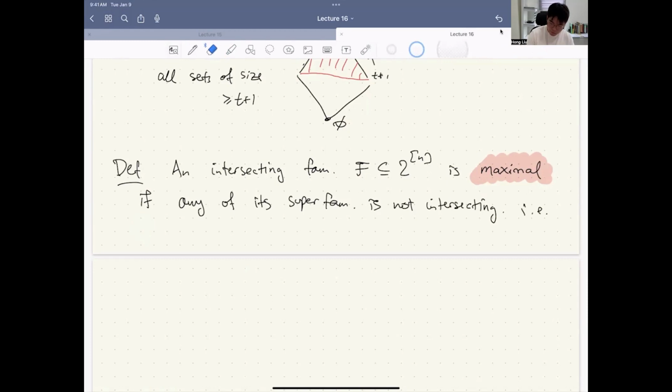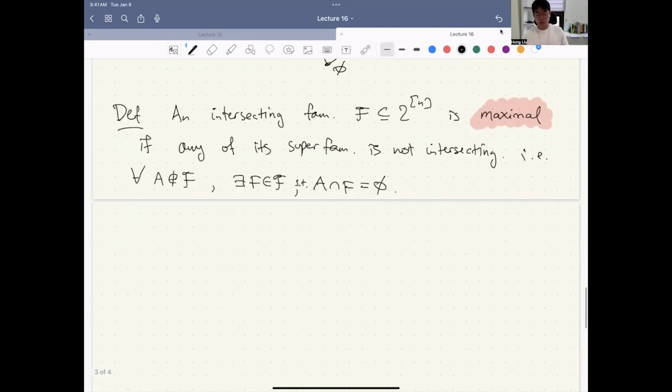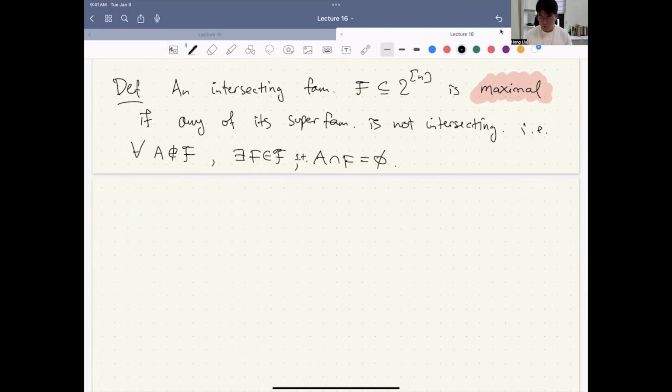I.e., for any A not in F, if you add A to F, it becomes not intersecting, meaning there exists a set in F which is disjoint from A. That's what it means. Okay, a simple definition. It's largest in a sense. You cannot add more.